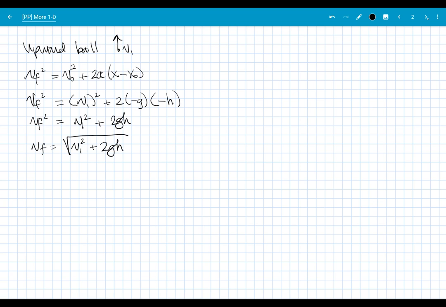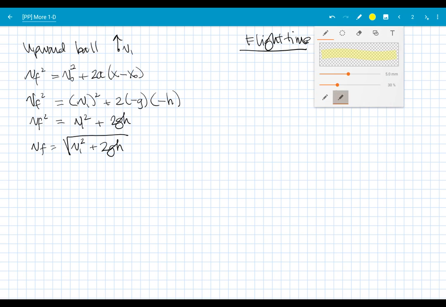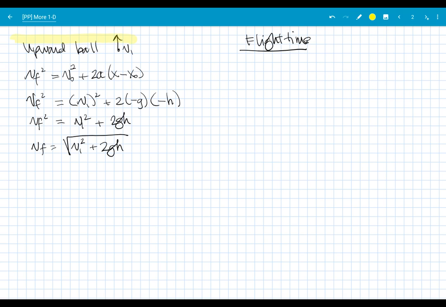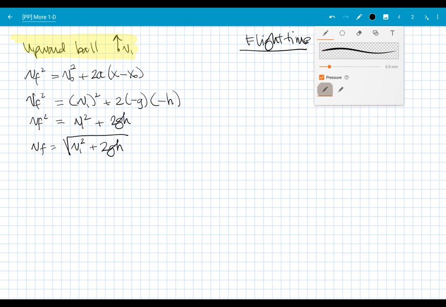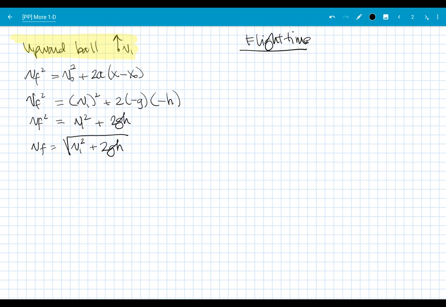So let's look at the flight time for the upward ball. I'm going to remind us with a highlighter here again that this whole page is about the ball that was thrown upward. For flight time, I'm going to again use the same approach. V final equals V initial plus at.